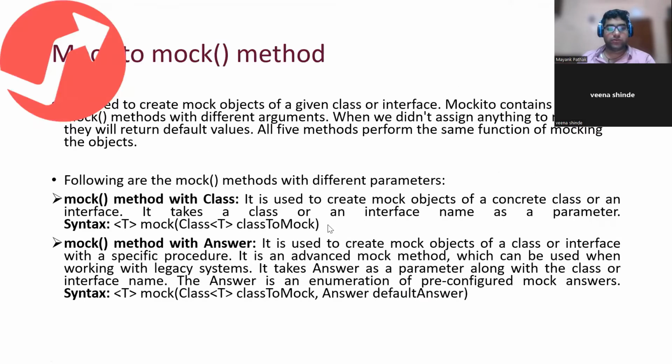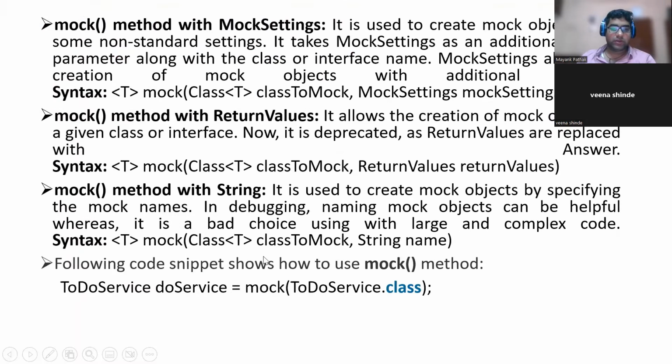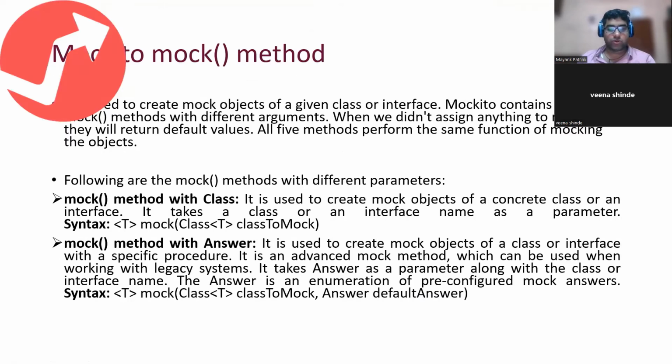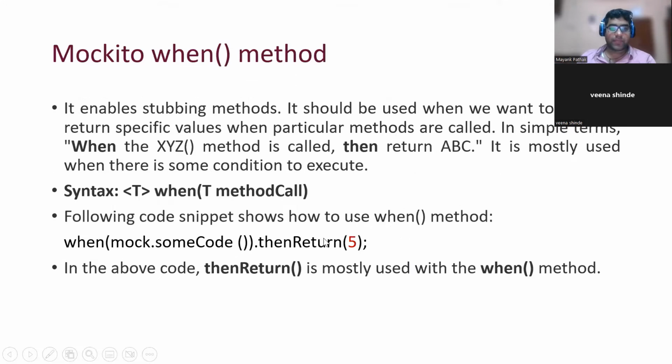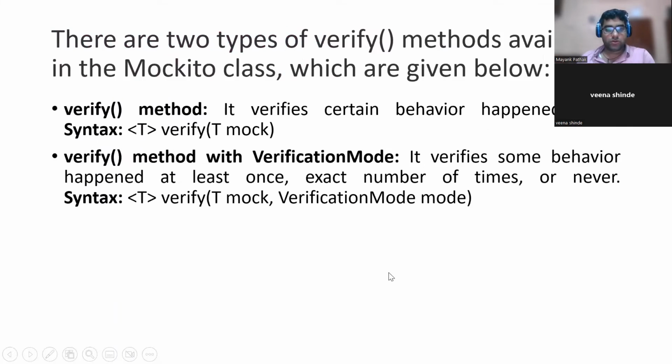The main one we use in writing mock tests is the mock method with class. This is the most common; others we use too, but this is the most common. I will tell you how we create that.